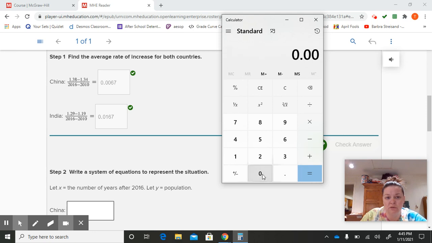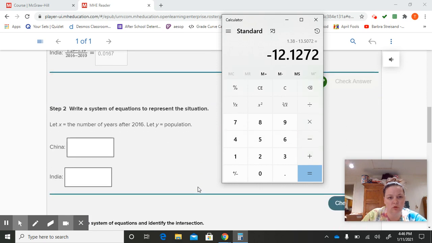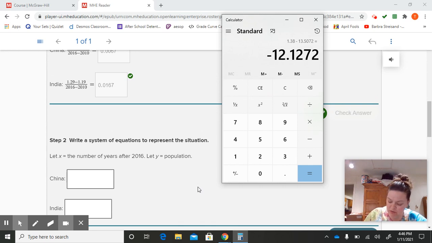So 0.0067 times 2016 equals 13.5072, and I'm going to go 1.38 minus that. And then for India, we're going to do the same thing.